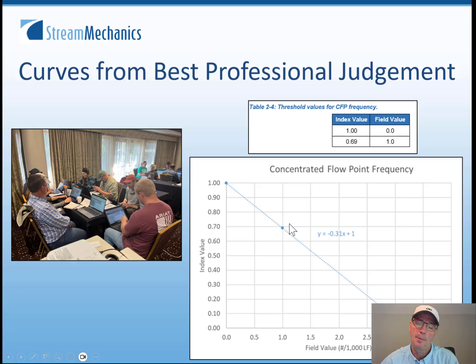You could make an argument that even the 0.7 should be 1. Again, this is kind of a discussion. And since we did not know what the 0 would be, we just created a very simple linear curve and extrapolated that down. So then when you get to about 3.3 per 1,000 feet, that's no function. And I will say, like Minnesota, for example, has improved this. They have a more robust metric now, sort of their own index method for doing this.